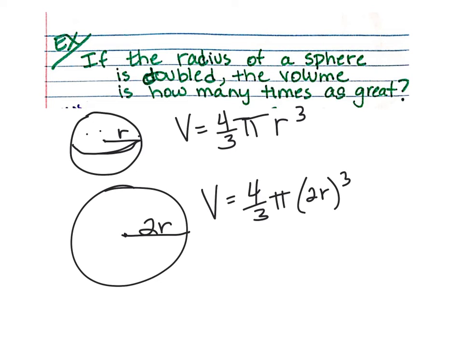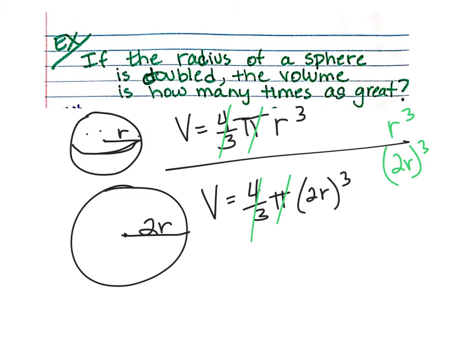When we look at this, if I made a ratio or a fraction, I would be able to cancel out the 4/3, cancel out the pis, and then I would just have this r cubed over this (2r) cubed. So let's look at what (2r) cubed is. We have 2 cubed, r cubed.